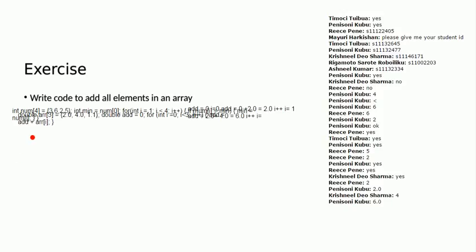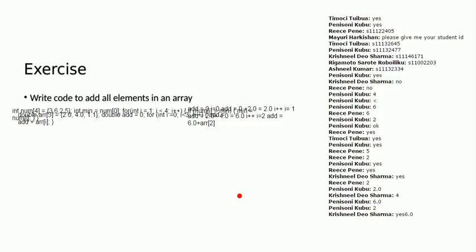Now our i becomes 2. Once we compare, is 2 less than 3? True, right? Then we go inside the for loop and again do add is equal to add plus array at index i. The current value of add is 6.0, and our i is 2.